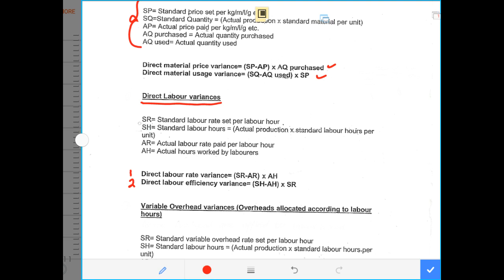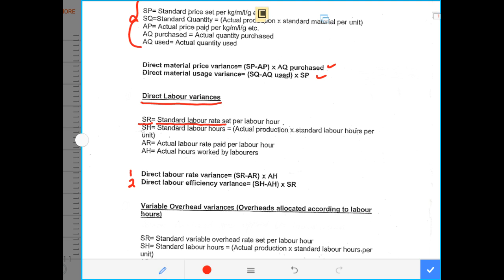We need to know the standard rate, which is the standard rate set per labor hour. This is what employees, who are normally called direct employees, are paid per hour. So this is the rate per hour.